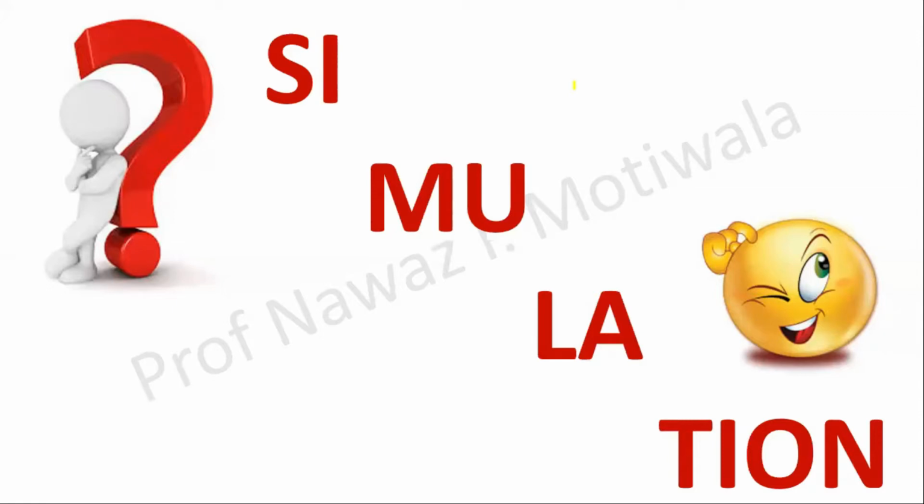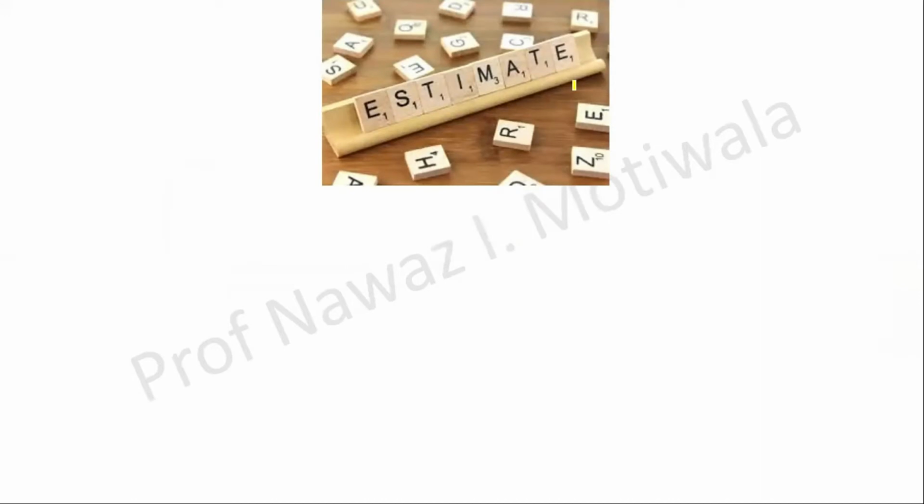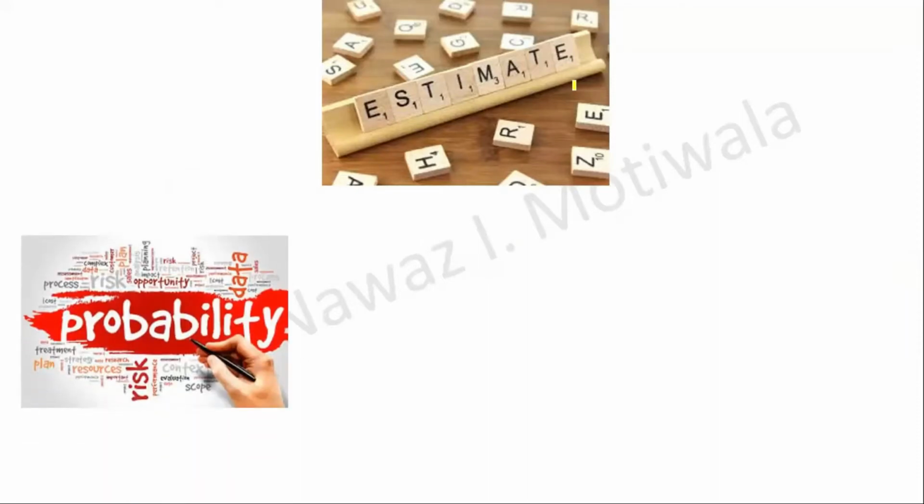Now let me define this word simulation in a single word. In simple terms, I can say that simulation means estimation. We just estimate things. And how do we do that? We consider what the probabilities of that event were in the past.